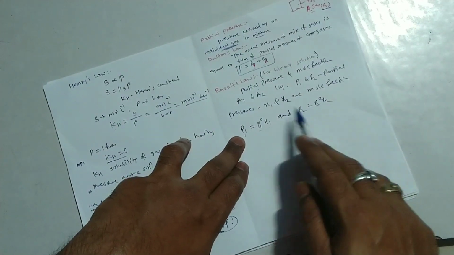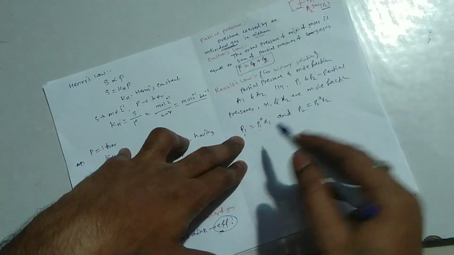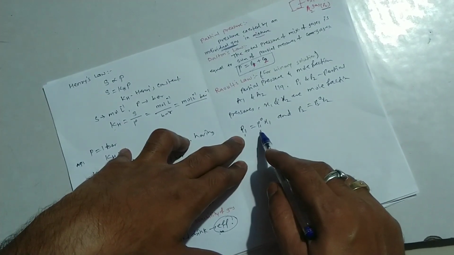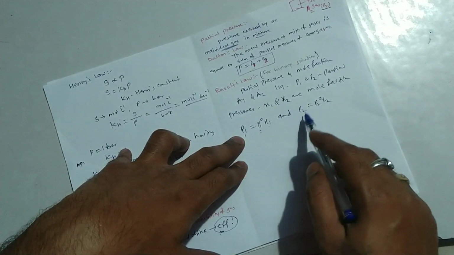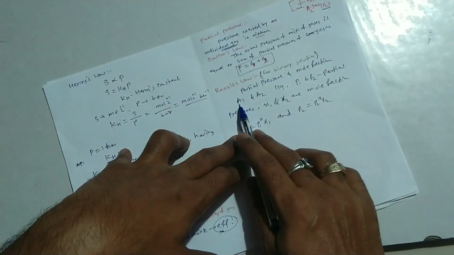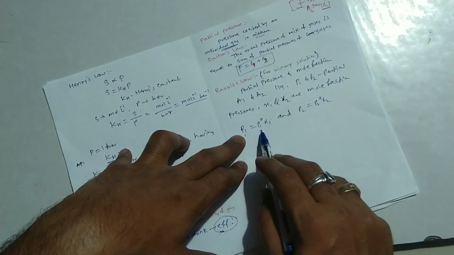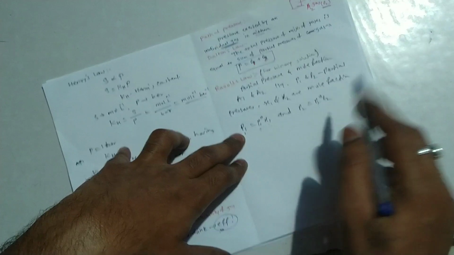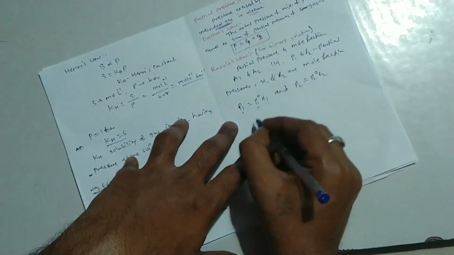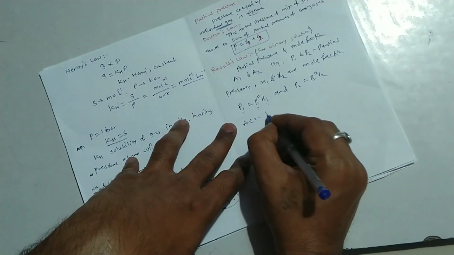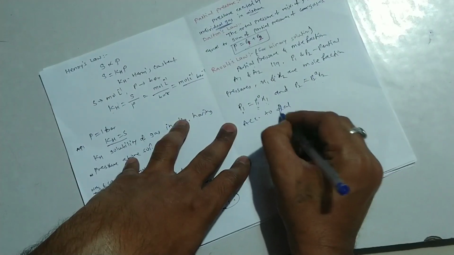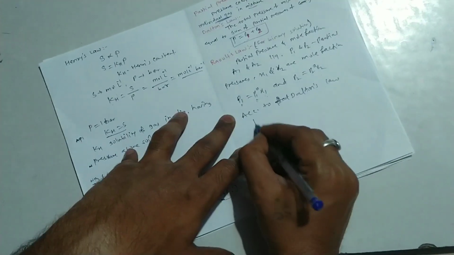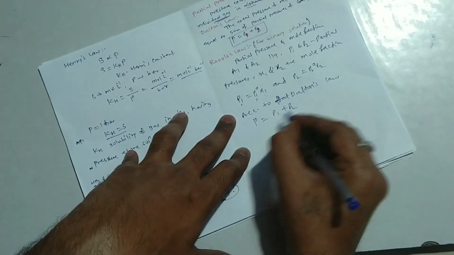So partial pressure is equal to the vapor pressure of the pure component times its mole fraction. For liquid A1 we get P1 is equal to P1⁰x1, and for A2 we get P2 is equal to P2⁰x2. Now, according to Dalton's law, we get P is equal to P1 plus P2.